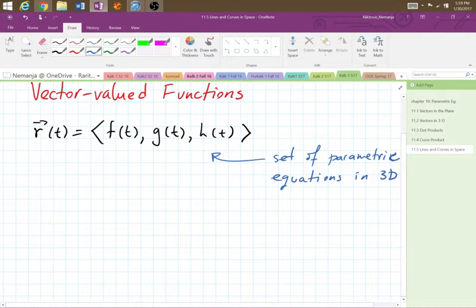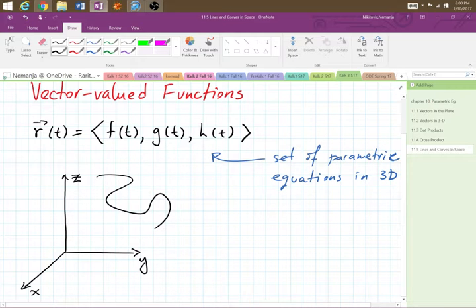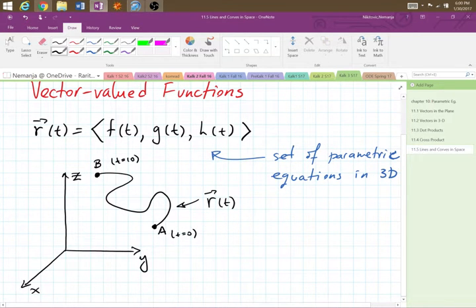Now, to understand this, let's just draw something. So we have x, y, and z, and then I have my line L, that is described by this vector valued function R. Now, if I want to make it a finite piece, I'll have a capital A and a capital B, and I'll say that this is, let's say, t equals 0, and then this could be some t equals, I don't know, I mentioned 10, so here we go.